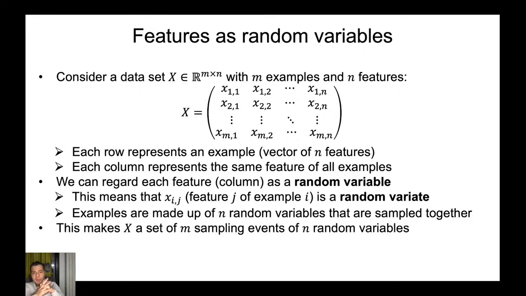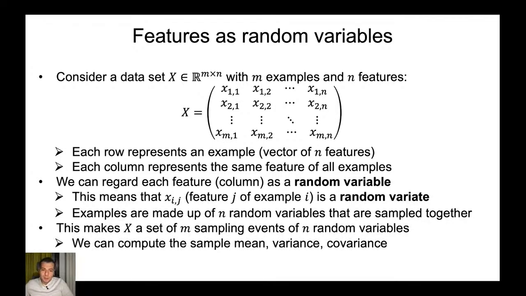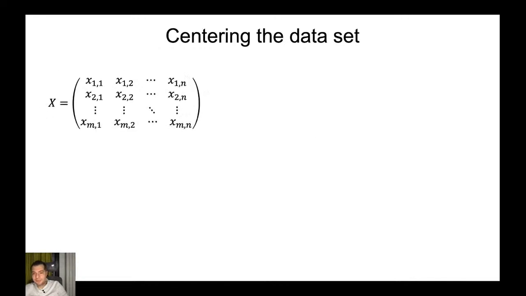This means that X can be interpreted as a set of m sampling events. So an event is a data sample, and we can compute the sample mean, sample variance, and sample covariance.